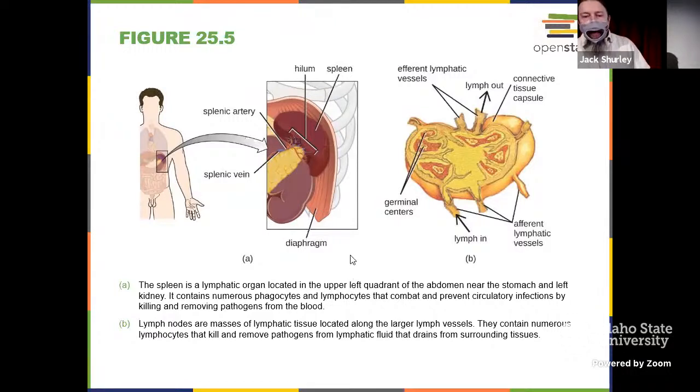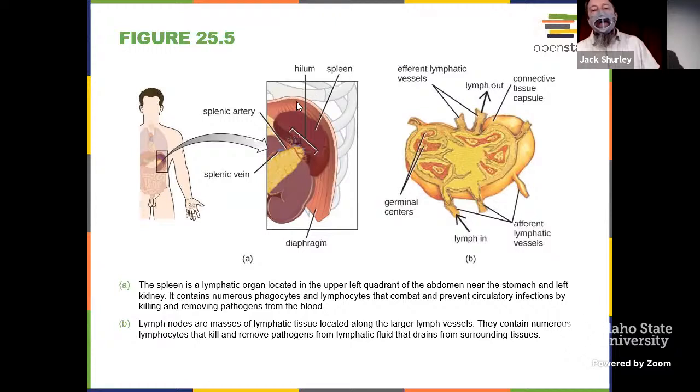So we see it as an organ filtering blood. It helps to remove the old erythrocytes that live about 4 months, give or take, and they're constantly being reproduced and removed from circulation. New ones showing up, old ones getting removed.